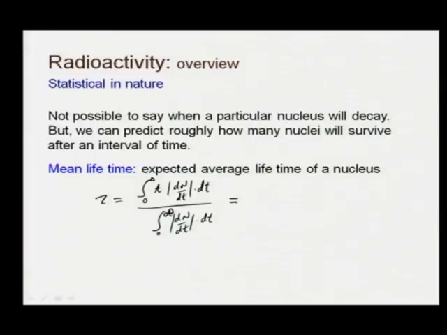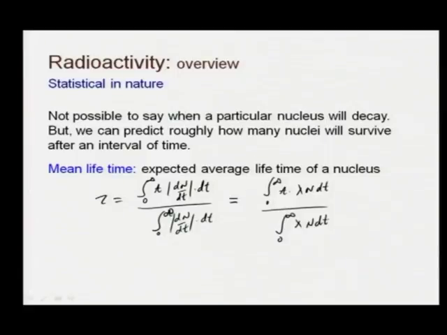So, dN by dt is nothing but lambda N dt, giving the integral from 0 to infinity of t lambda N dt divided by the integral from 0 to infinity of lambda N dt.